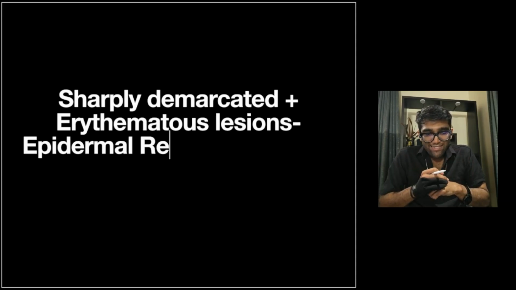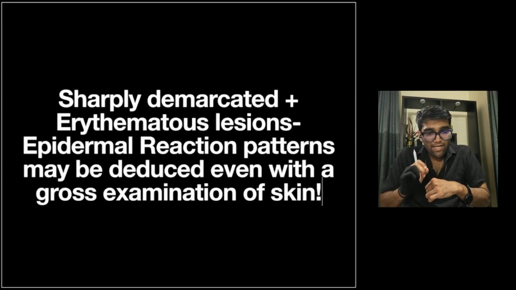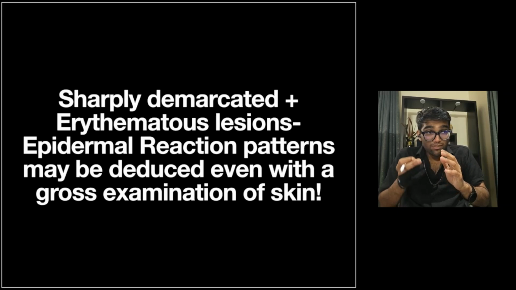And the thing is that these epidermal reaction patterns can be deduced even with a gross examination of the skin. So even on gross examinations, if you apply logic and reasoning appropriately, with deduction you can actually infer what is the likely microscopic change or reaction pattern that is active in a particular lesion.